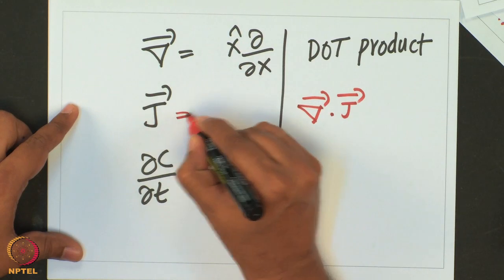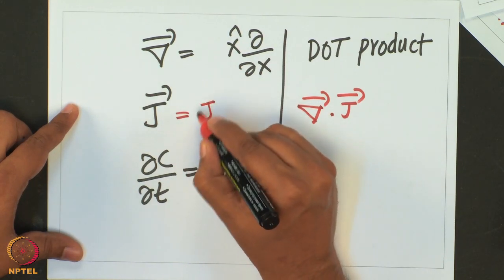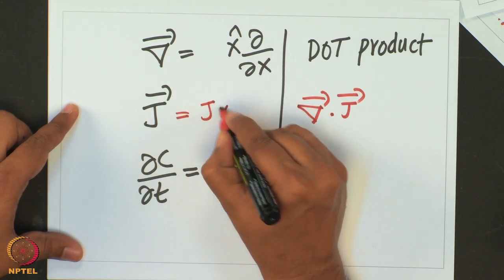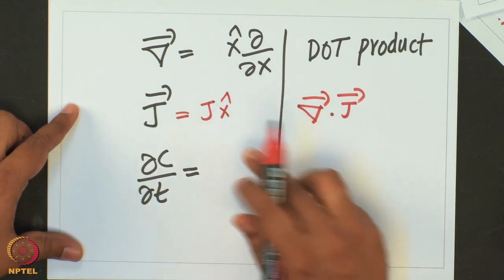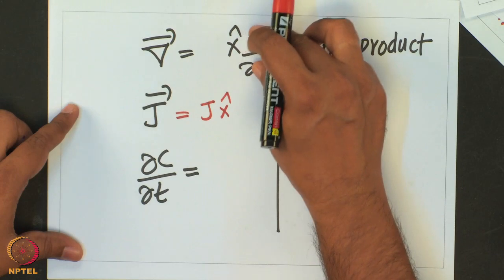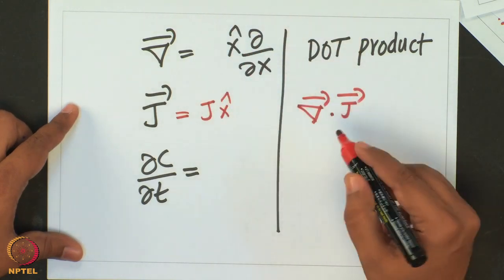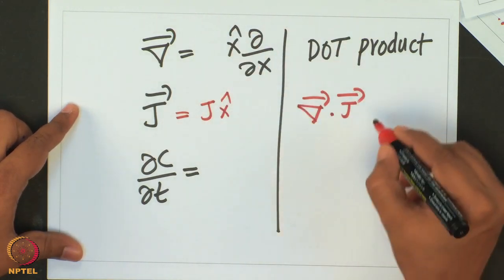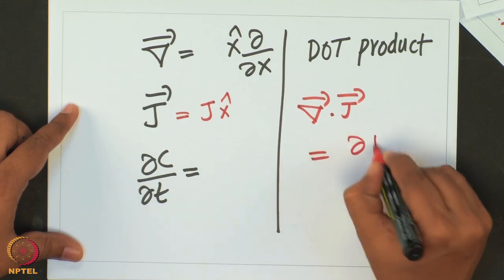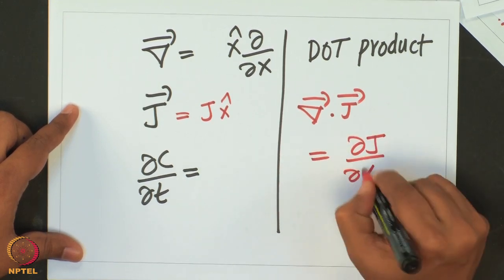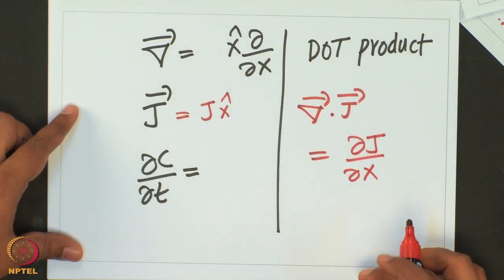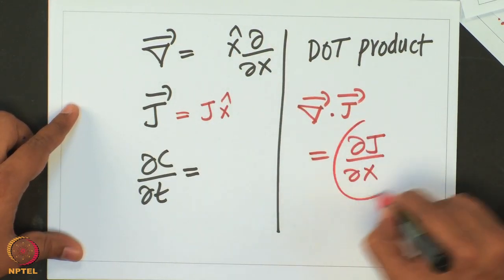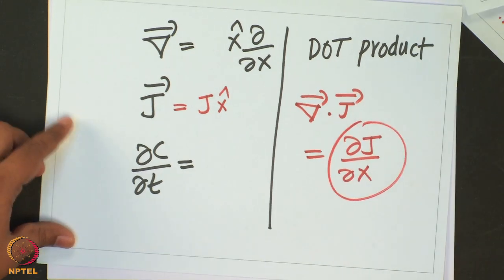So this will have a component, let us say J is J magnitude x cap. So the product is this, and x cap dot x cap will become 1. So this is nothing but ∂J/∂x. In one dimension, this will be just ∂J/∂x, the same one that we are writing here.